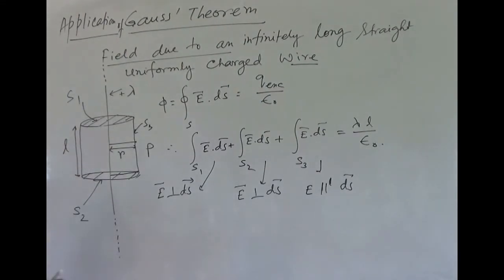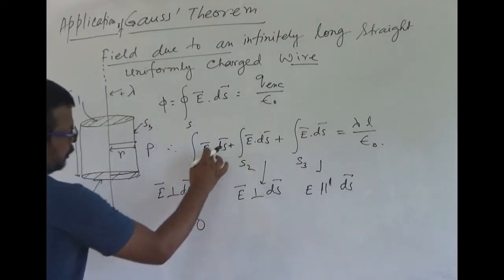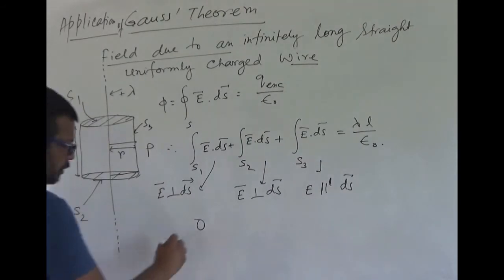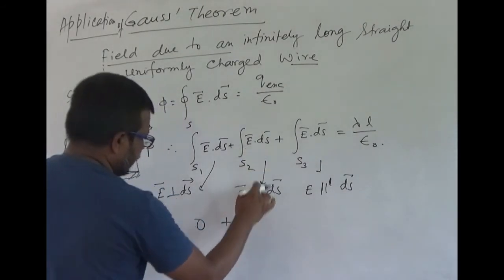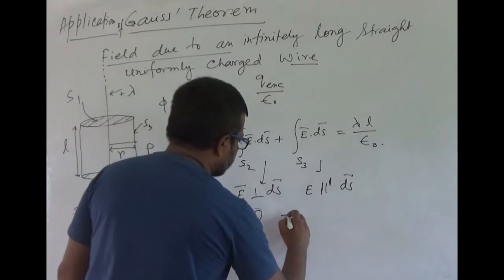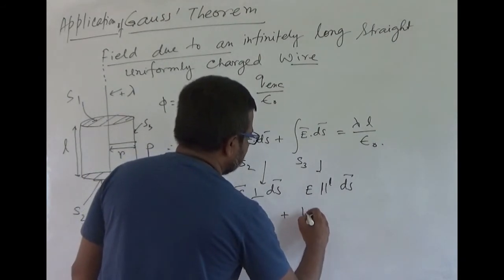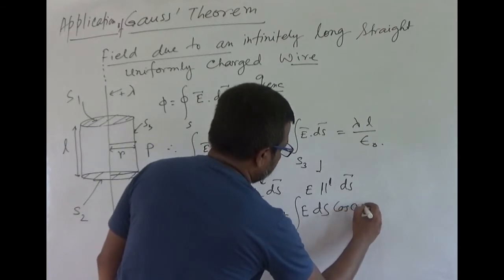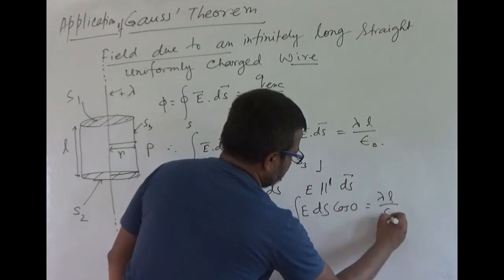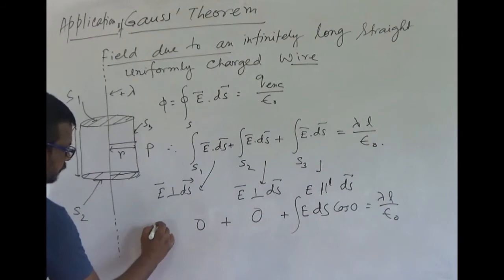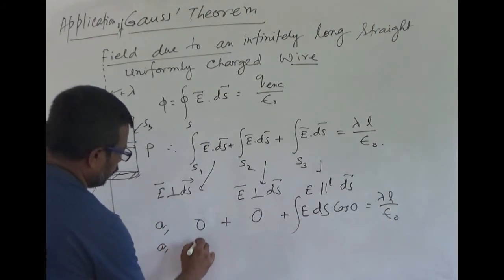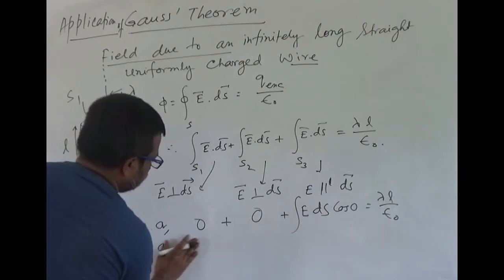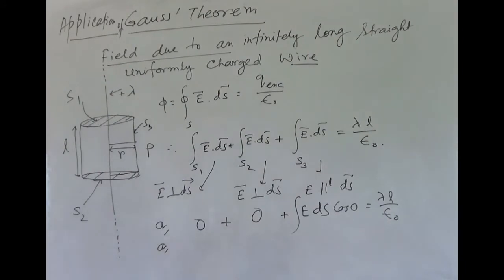So you can write, E dot ds is E ds cos 90, which is 0, through this surface, also 0 through this surface, and through the curved surface it is E ds cos 0, which equals lambda L by epsilon naught.